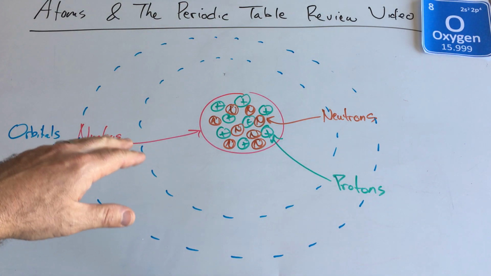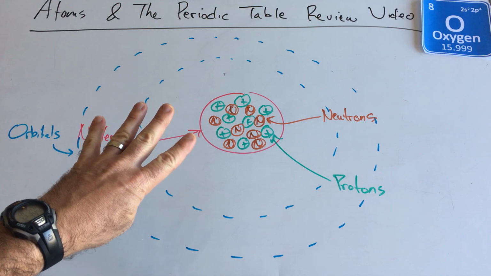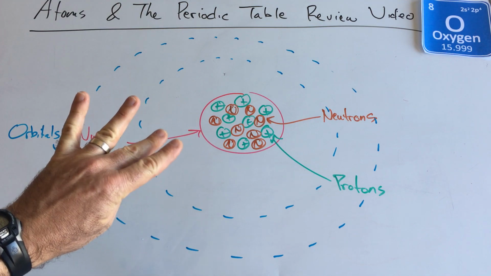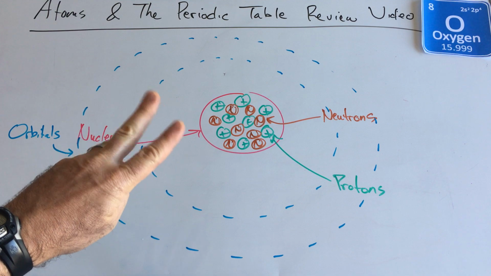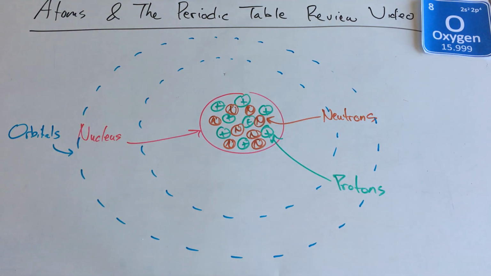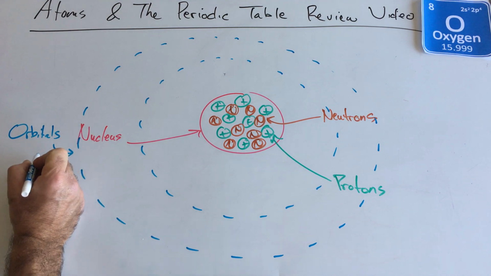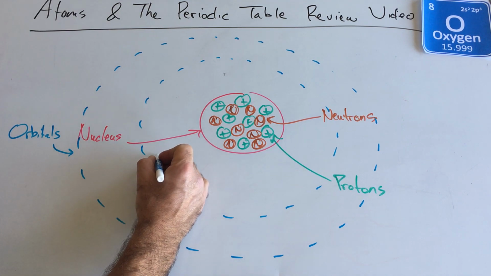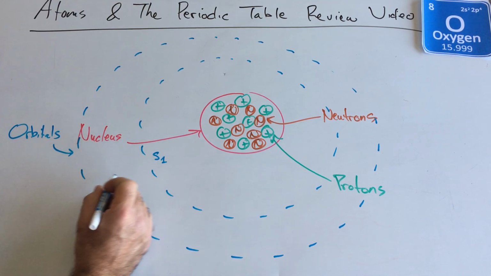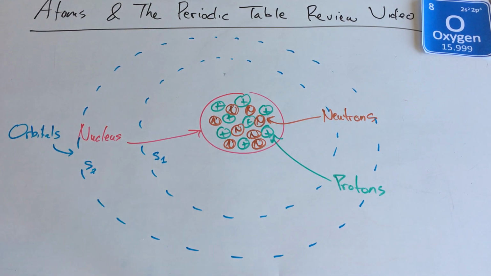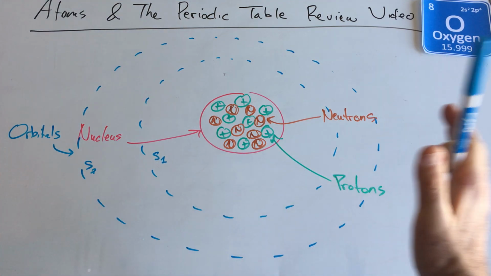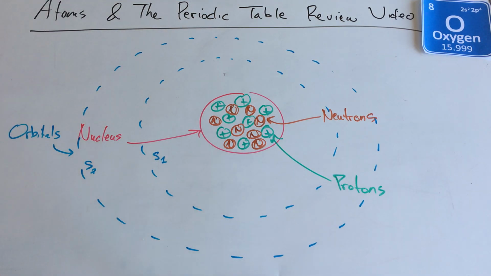And these orbitals come in 4 different flavors, and each flavor is a shape of the path that they can take. So these classic spherical ones are called s orbitals. So here is S1, and here is S2. And then there'd be an S3, S4, S5, out it goes.